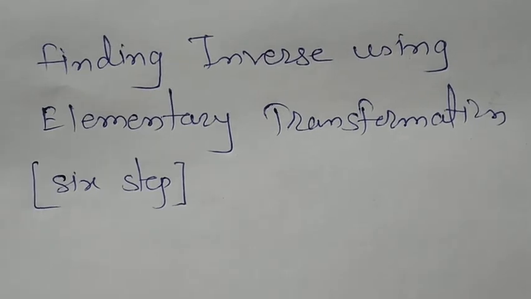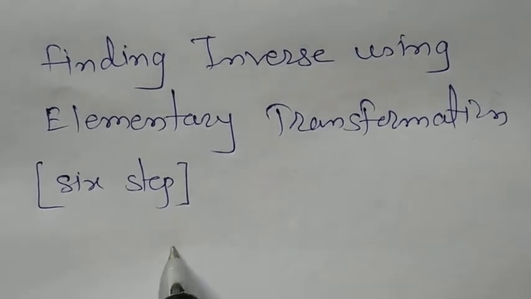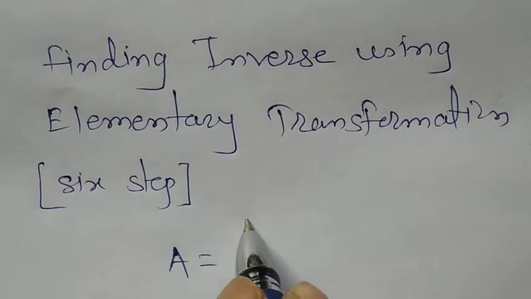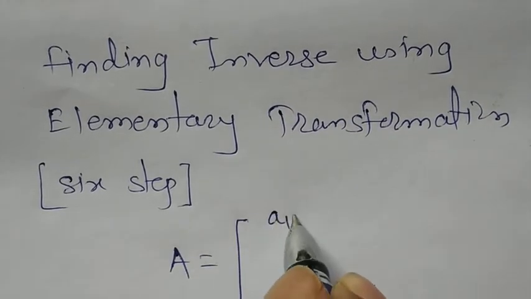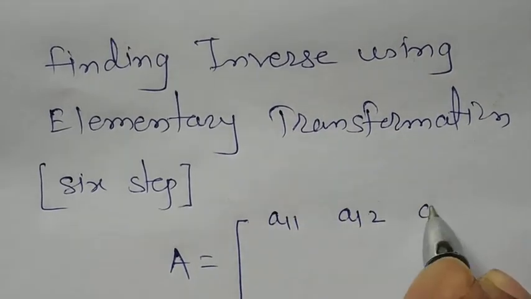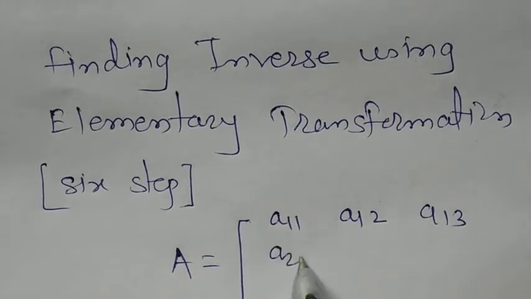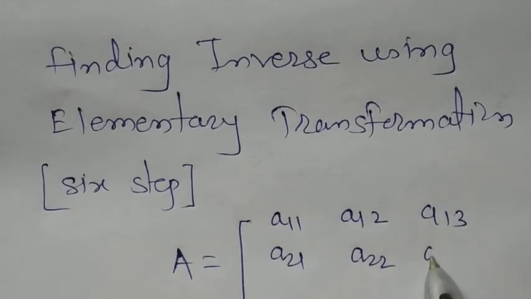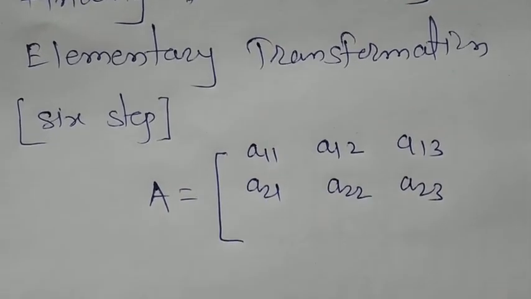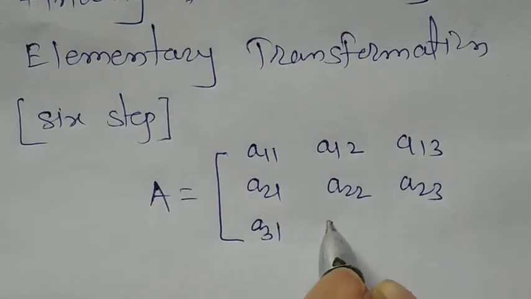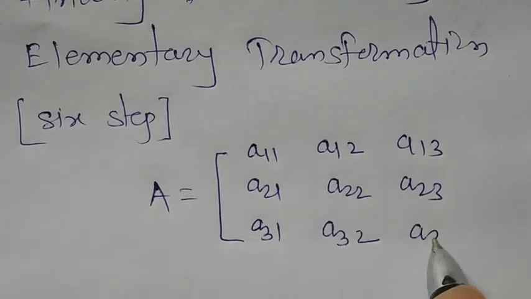As we know, any matrix A in the form of 3 by 3 has entries A11, A12, A13, A21, A22, A23, then A31, A32, A33.